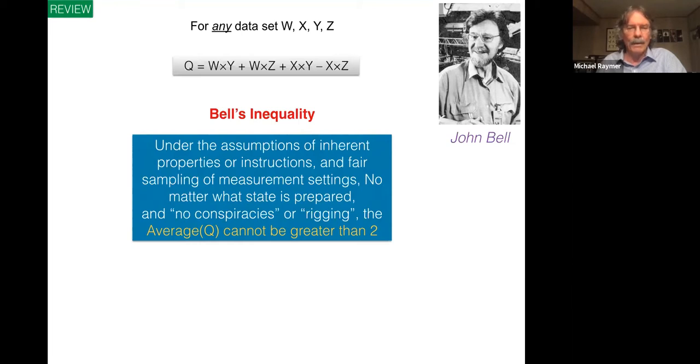This is the famous Bell inequality. There are some assumptions there, which we'll discuss in detail.